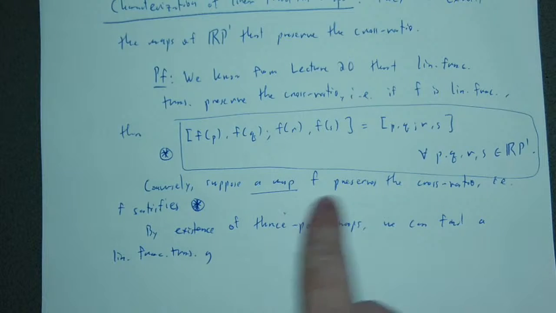So suppose some map f satisfies star, this condition, that it preserves the cross ratio.